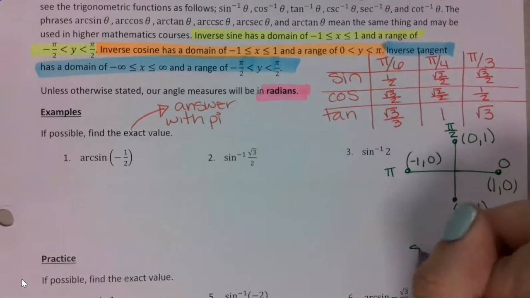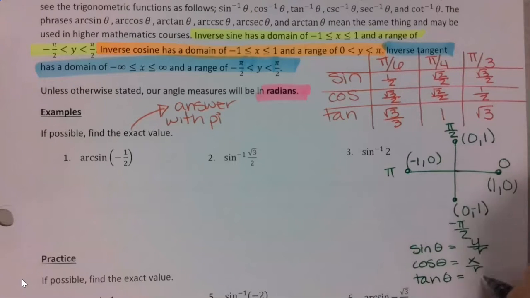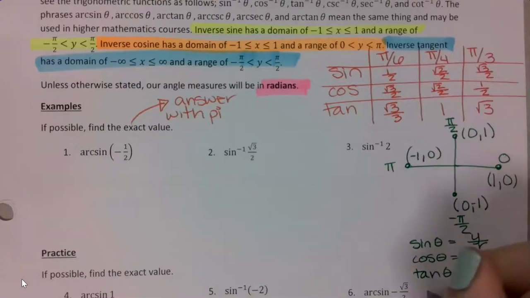And then for my different angles, sine is always y over r, cosine is always x over r, tangent is always y over x. Y over x, why did I write r? And r will always be 1.